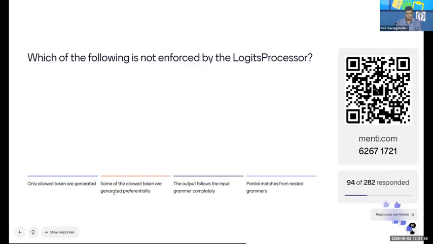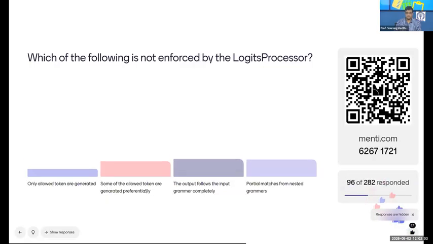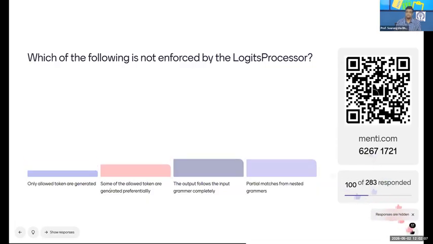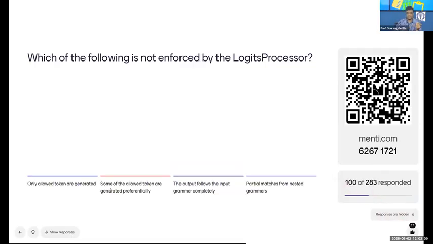Here, is it that you can use this kind of logits processor subclass, the hook basically, to allow some tokens to be generated preferentially?